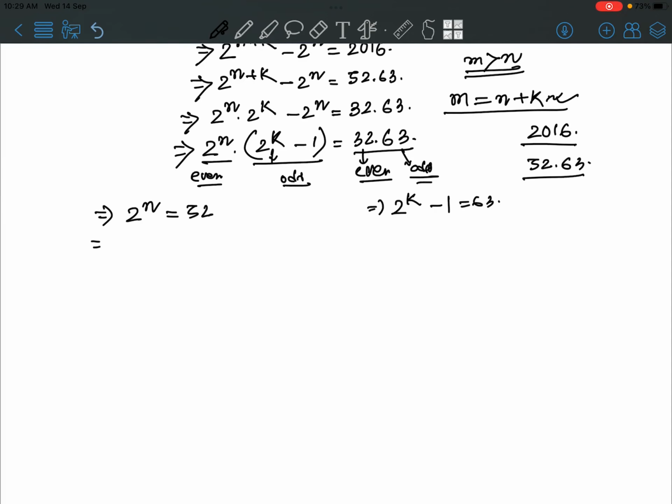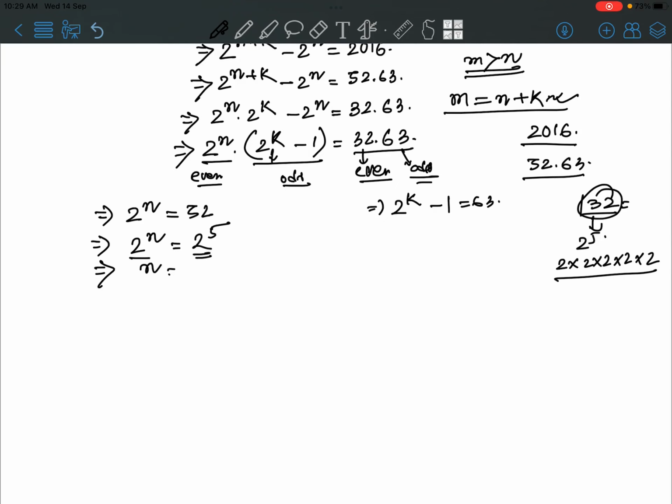So 2 to the power n equals 32. After factorizing 32, what do we get? The factorization of 32 is 2 to the power 5, or 2 into 2 into 2 into 2 into 2. So 32 can be written as 2 to the power 5. As the base is equal, the power is equal, so n equals 5.